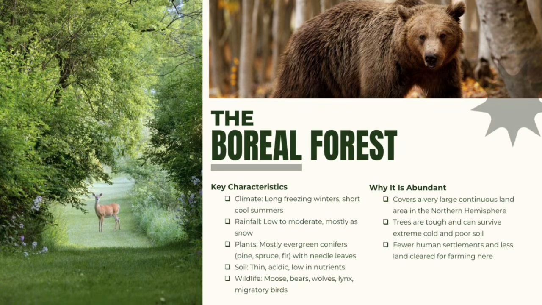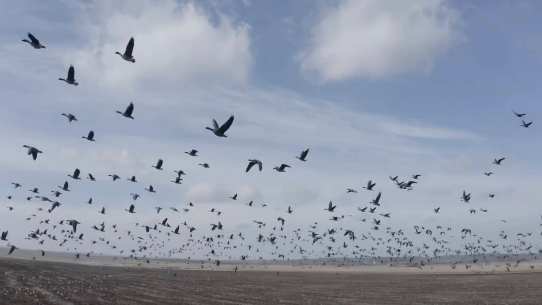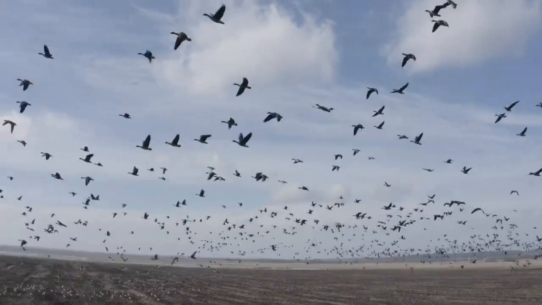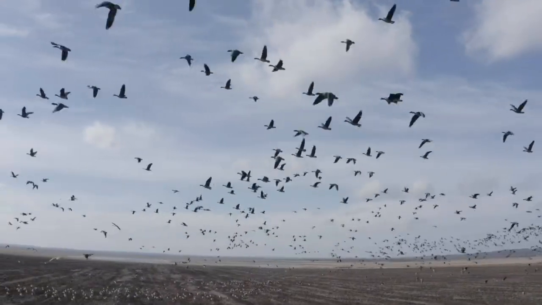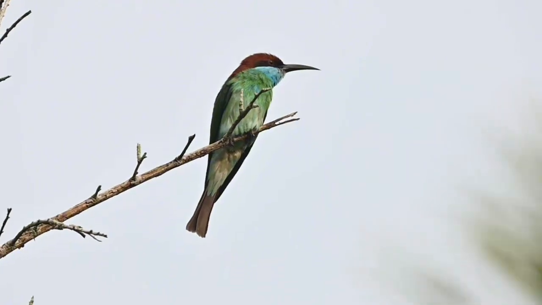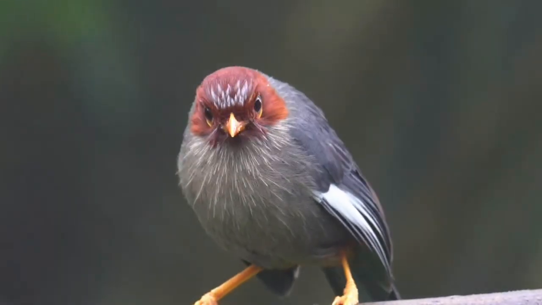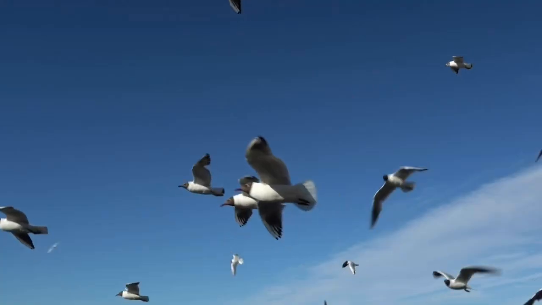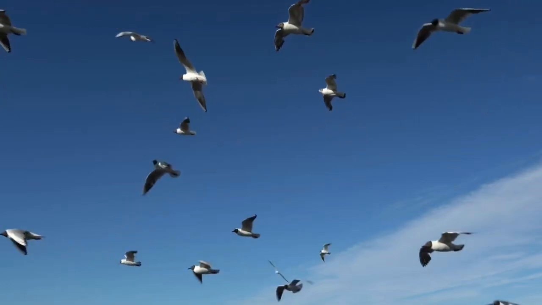As for the wildlife, it includes cold-adapted large mammals such as moose, grizzly bears, gray wolves, and lynx. And we also have the migratory birds, over 300 species. Now, why do they travel to this forest? It is because of the abundant food, fewer predators, and the long days.